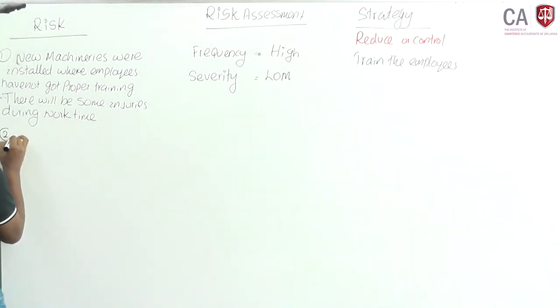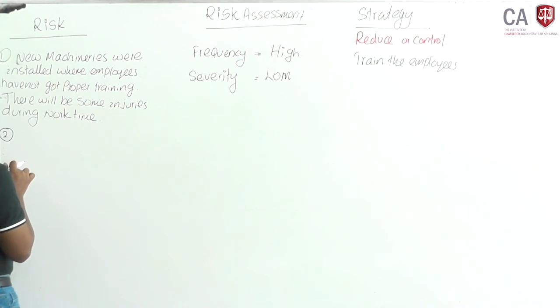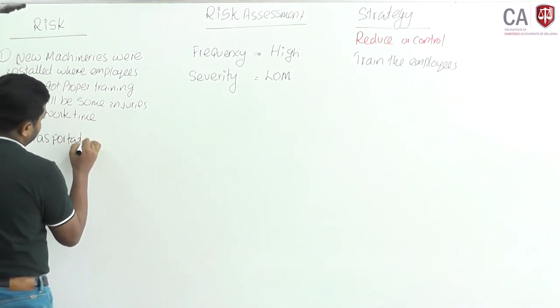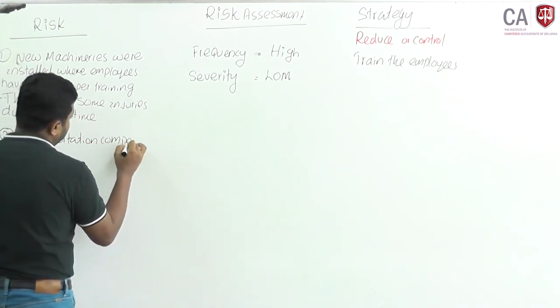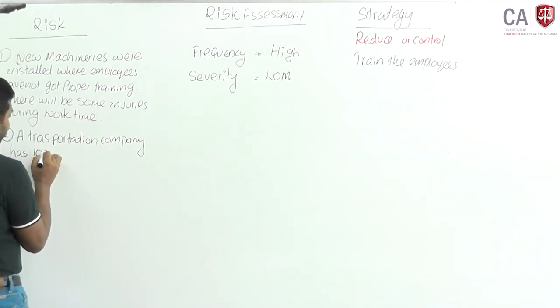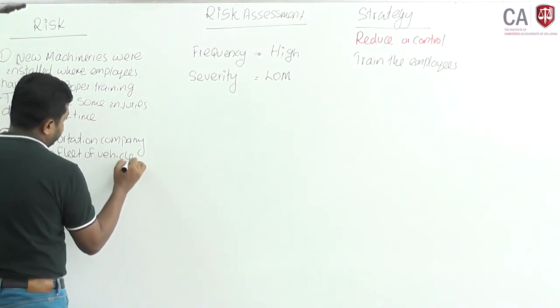Second risk. Okay, I will take a risk. Assume you are running a vehicle transportation company. A transportation company has a fleet of 1,000 vehicles.